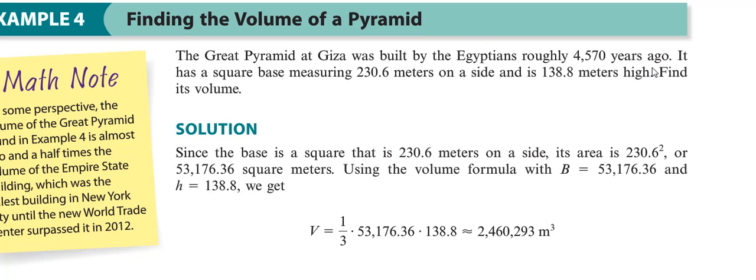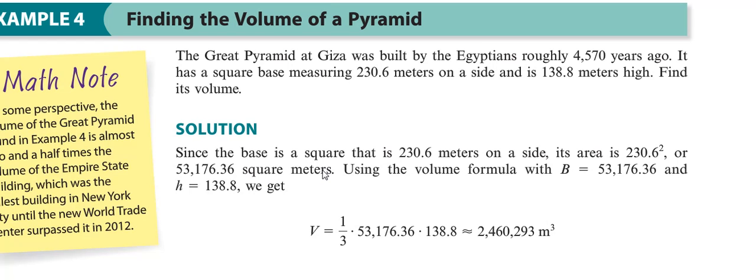In the solution, since the base is a square that is 230.6 meters on a side, its area is 230.6 squared. You can check it out on your calculator, see if you get it right. 53,176.36 square meters.